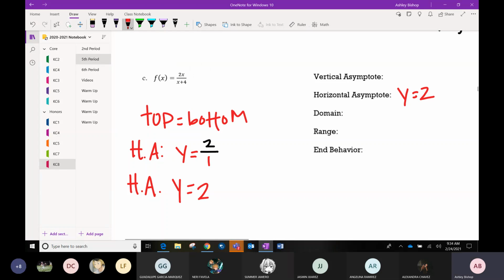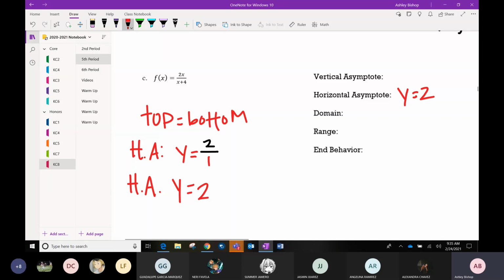Okay. Now for vertical asymptotes, I need to do my 3 steps. In the chat, please tell me yes or no. Is anything going to factor, the top or the bottom? Don't think too hard about it. It's not a trick question. No, nothing's going to factor.